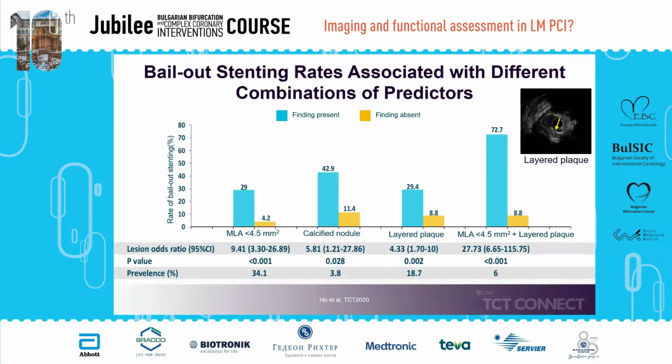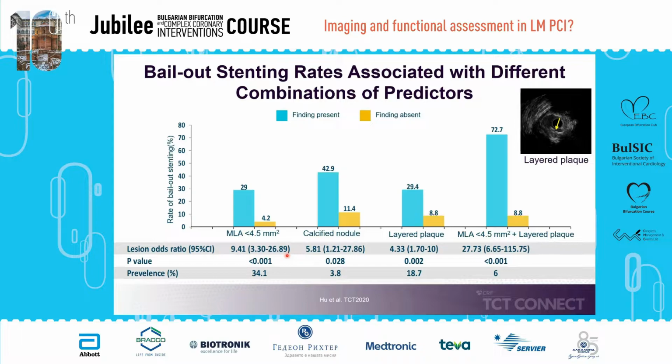So I think finding who has a complex bifurcation lesion by IVUS is also important. We analyzed the predictors of bailout stenting after the treatment of the distal left main bifurcation, including the IVUS pullback from the circumflex to the left main.